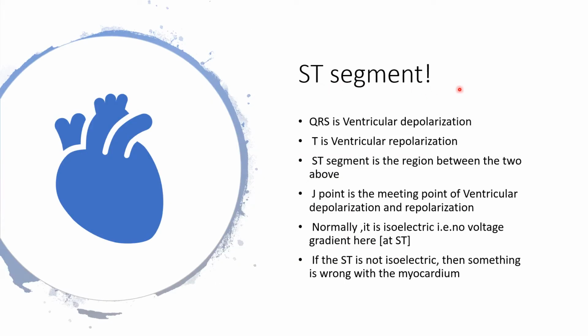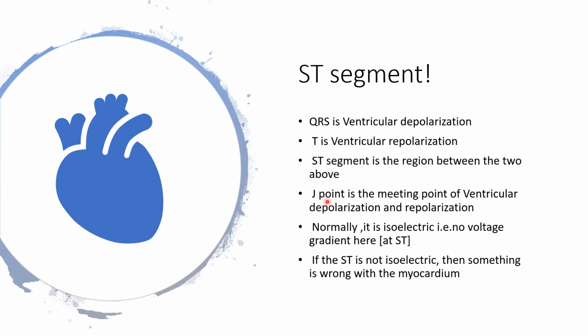Now the ST segment. The QRS is representing ventricular depolarization. The T wave is pointing to ventricular repolarization. In between them is the ST segment. That is the region between the two above.